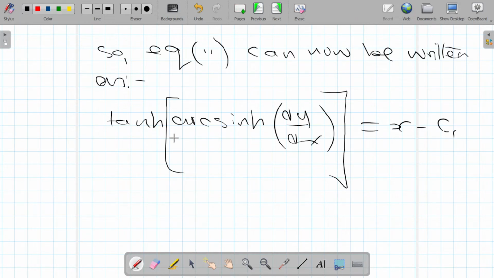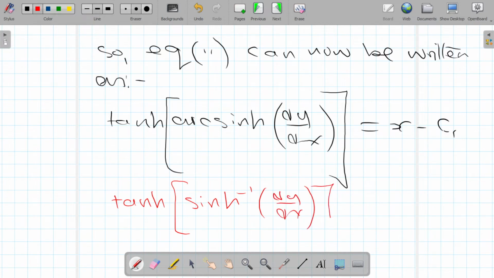And again, you could write this part as sinh to the minus 1. So another way, again, to write it out properly, the alternative way of putting this down is to write tanh of inverse sinh of dy by dx equals x minus c1.